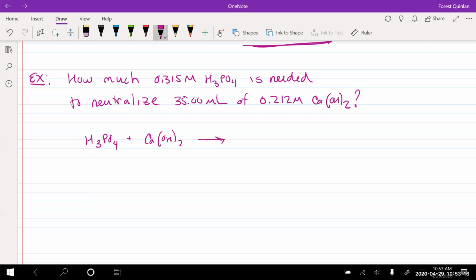This looks like a double replacement. We know it's a neutralization. We'll end up with Ca3(PO4)2 and good old-fashioned water. I won't bore you with the details of balancing, but that's going to be a 2 and a 3 and a 6.